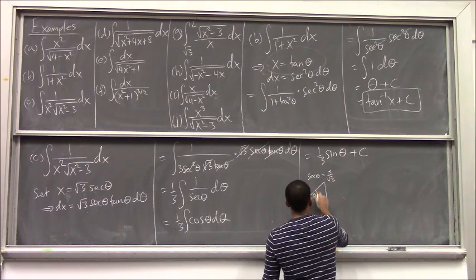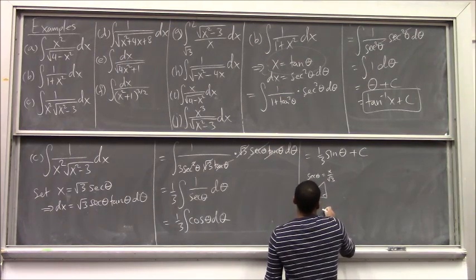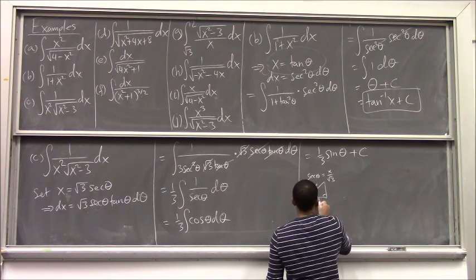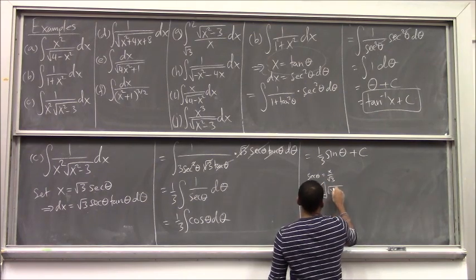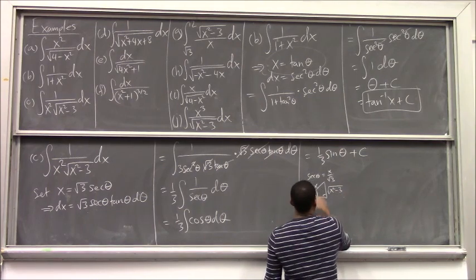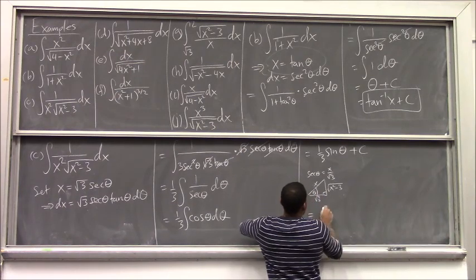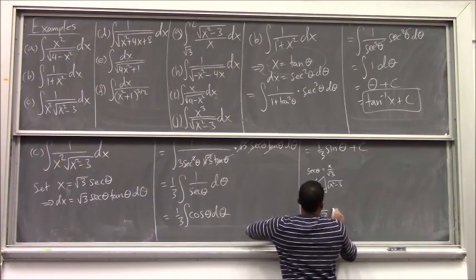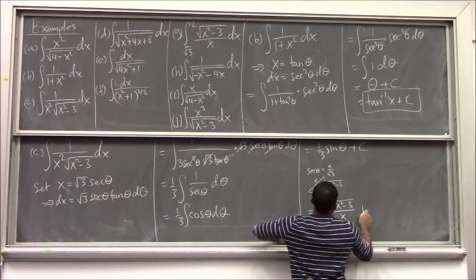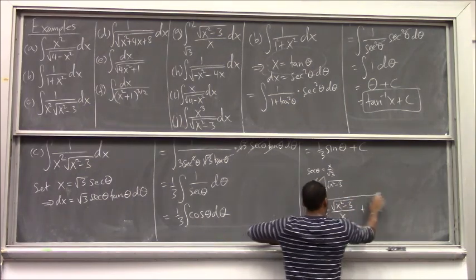So I would have a triangle where this is hypotenuse over adjacent, which means that this is going to be the square root of x squared minus 3, which means my sine theta is opposite over hypotenuse. So this means it's just the square root of x squared minus 3 over x. That's the integral.